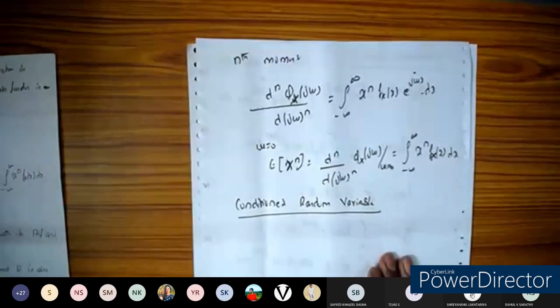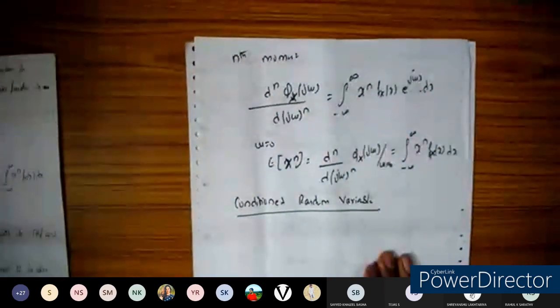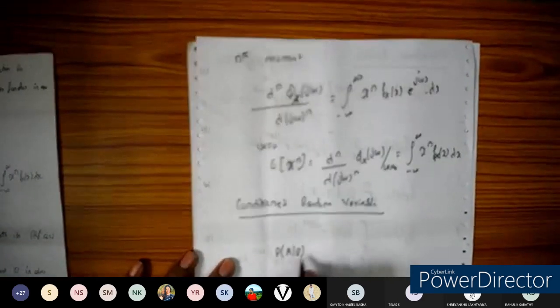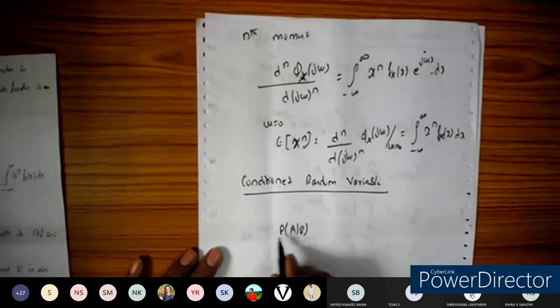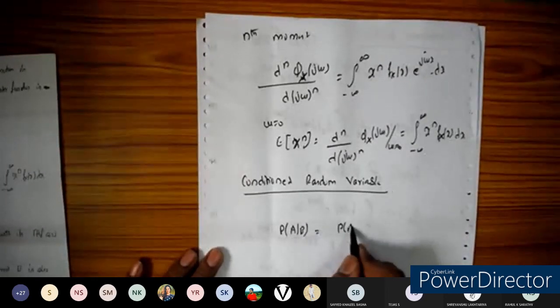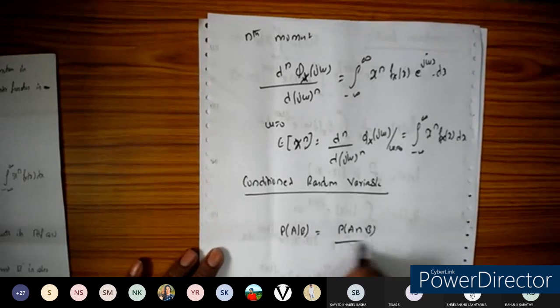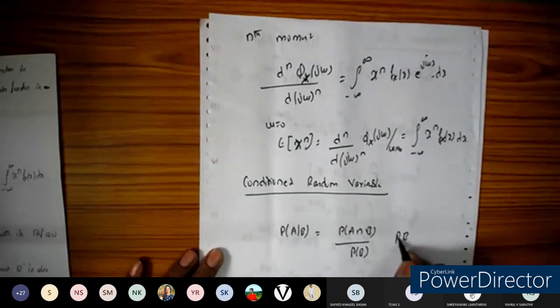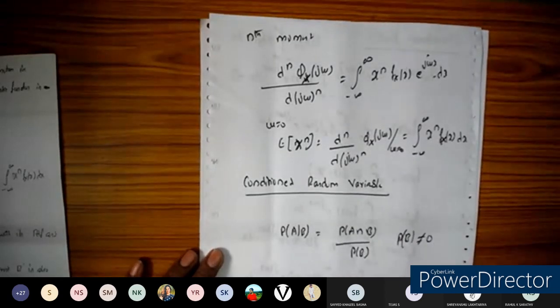Similarly, here also we are going to define the conditional probability density function in the same manner. The probability of A given B means that event B has already happened and event A is going to happen. This is nothing but the probability of A intersection B divided by the probability of B, which we have already seen in Bayes' rule, where the probability of B is not equal to 0.